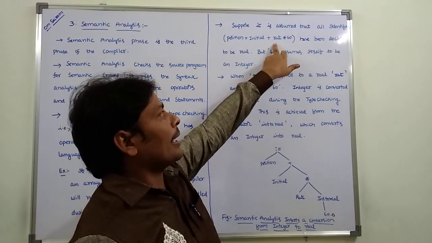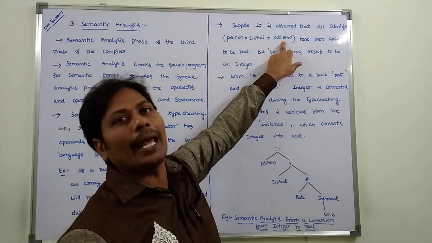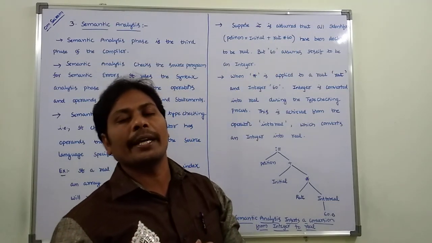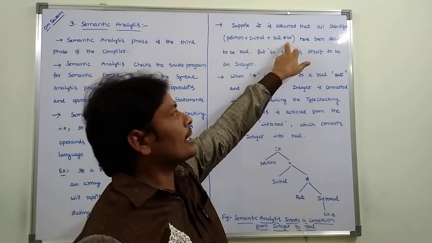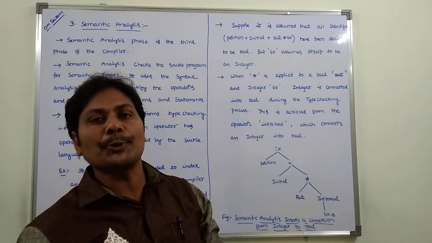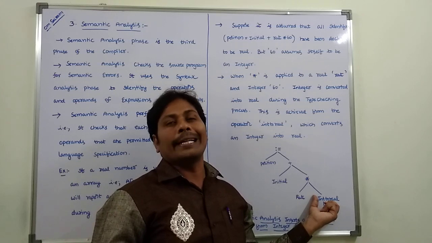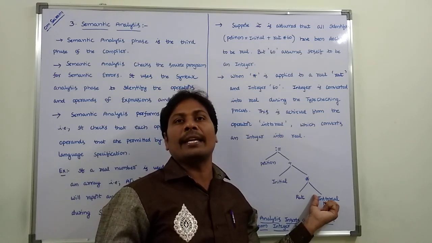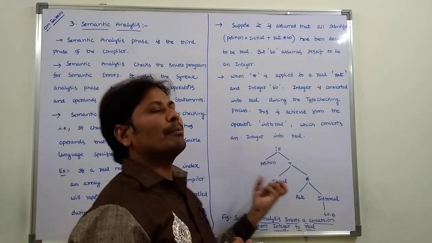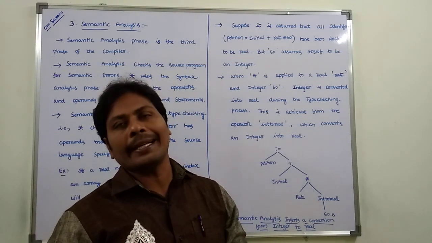Now for rate into 60, if the star is applied to a real, then the integer 60 is also converted into real by using the operator int to real, giving 60.0. This is done during type checking at semantic analysis.